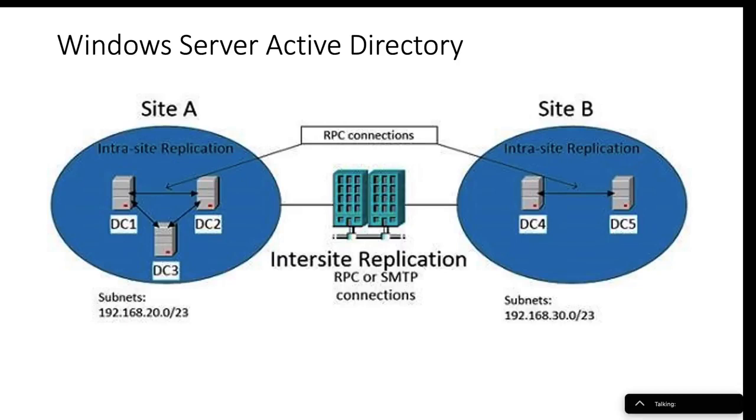However, if you have remote sites and you don't have a high speed bandwidth, then we can use something called inter-site replication. Now, in the slide here, it talks about RPC or SMTP connections, remote procedure calls. Now, this doesn't exist anymore because obviously since this slide was written, we now have the delights of broadband and superfast connections, which make things easier.